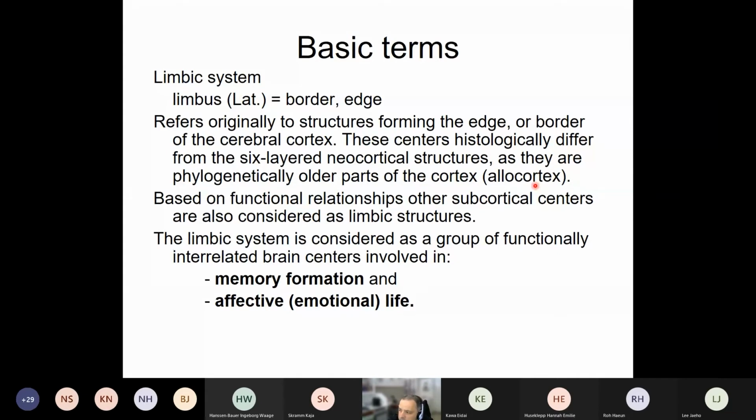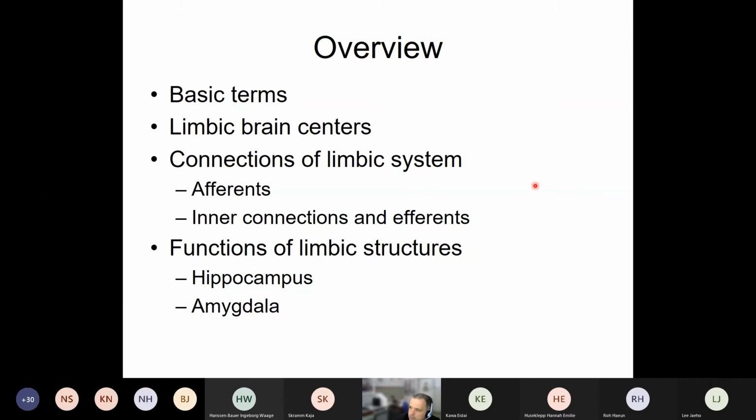So the limbic system is a system of functionally interrelated brain areas involved in memory formation and in affective emotional life. This is how I could define it, but I have to state that there is no real nice definition for it.